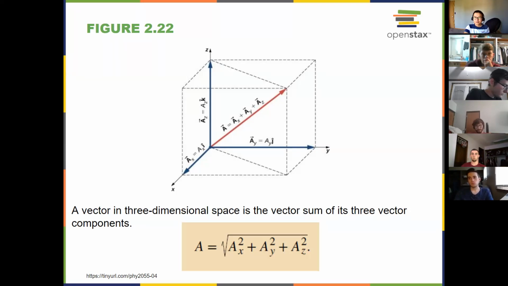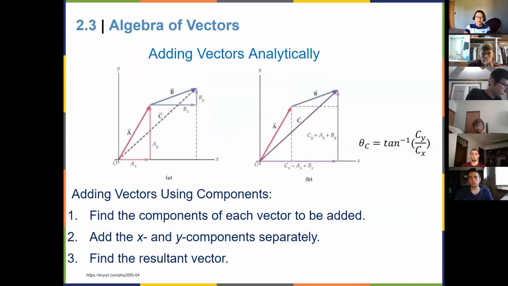All right, so this is what we talked about last time. Now today we are going to look more into the algebra of vectors. Last time we mentioned graphical addition.